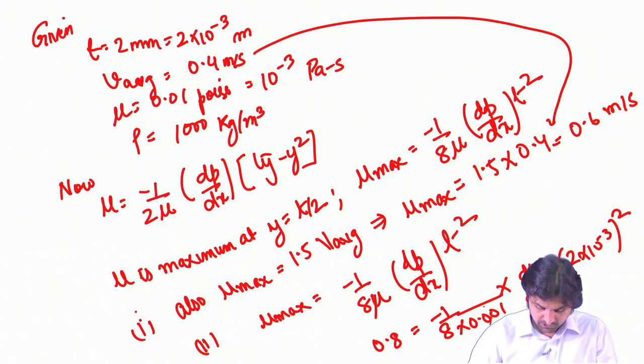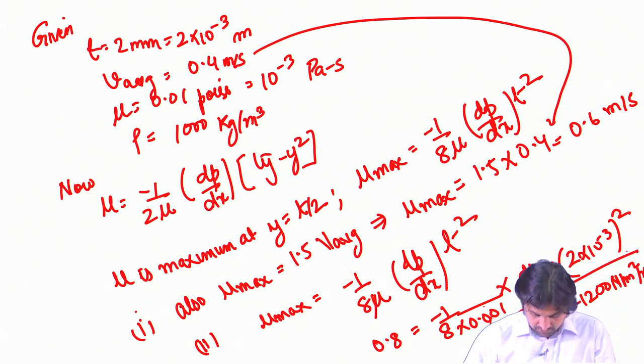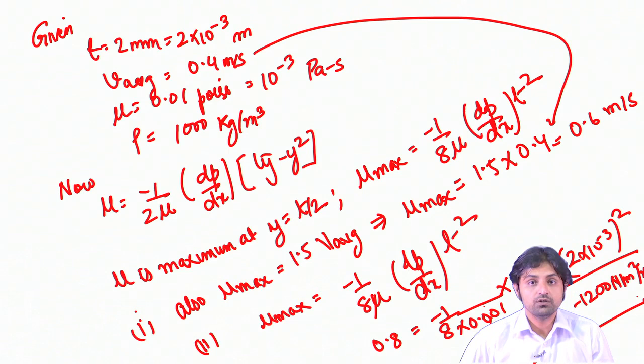This way we can obtain dP dx equal to minus 1200 Newton per meter square per meter.